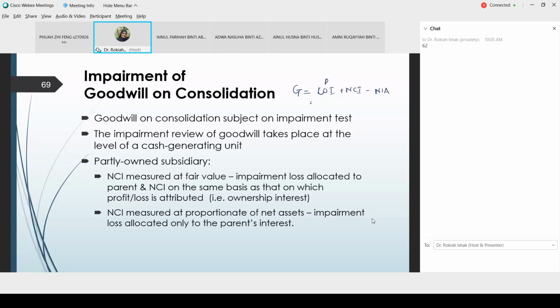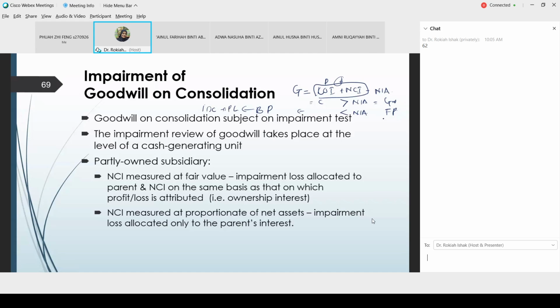Goodwill exists when COI plus NCI is more than NIA, and it is transferred to the financial position. But if the COI is lower than the NIA, we have a bargain purchase, which is considered as income and transferred to the P&L.